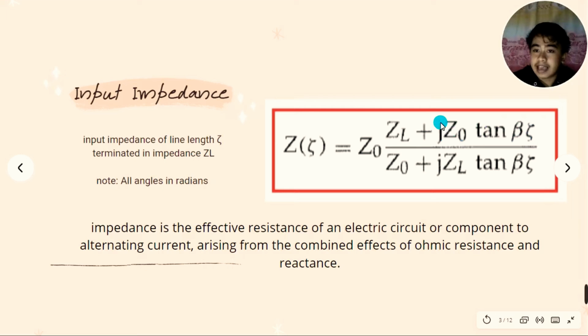As you can see, these have the letter J, which means this is a complex number. ZL is the real part, and ZO tangent beta zeta is the imaginary part because it has the J. It can be written as J or i in some other books. It is all divided by your ZO, plus j ZL tangent of beta multiplied by zeta. So that's your general formula.